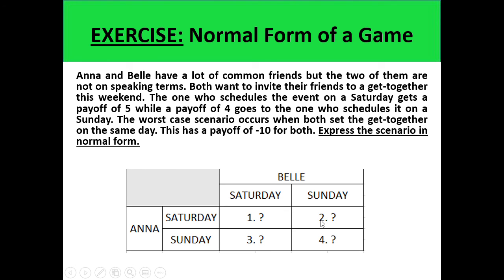Number 2, if Anna schedules it on a Saturday but Belle schedules it on a Sunday. Number 3, if Anna schedules it on a Sunday while Belle schedules it on a Saturday. And then finally, number 4, if both Anna and Belle schedule the events on a Sunday.